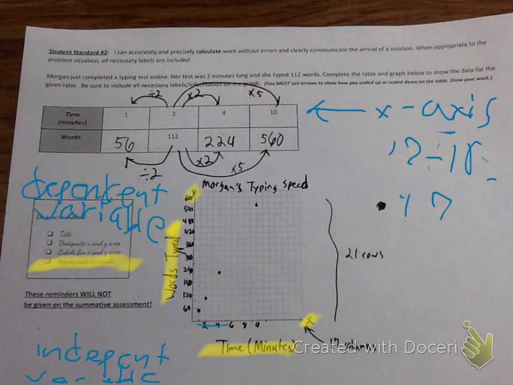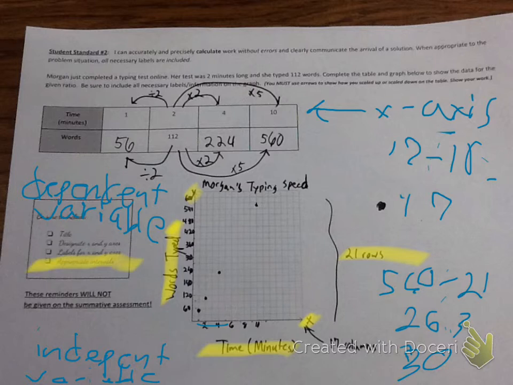Now my y-axis, I knew I had 21 rows. So I took 560 and divided that by 21, and that ended up being about 26.3. So I rounded up, and I made each interval 30. So for every row, it's 30.